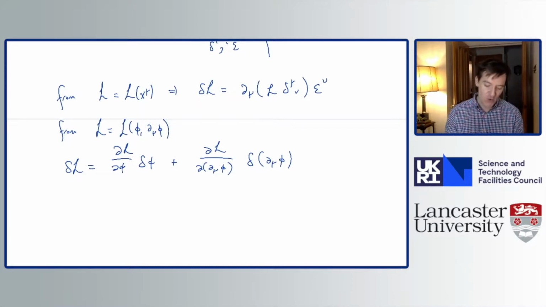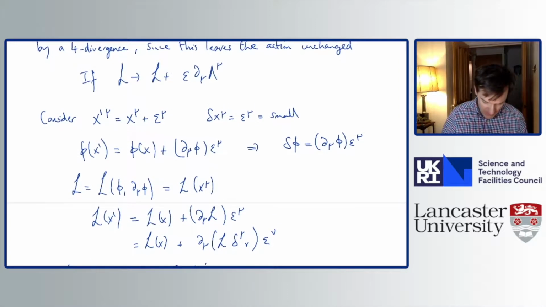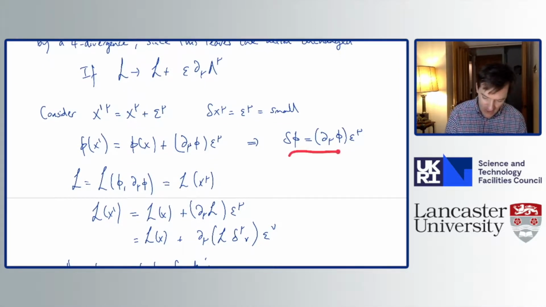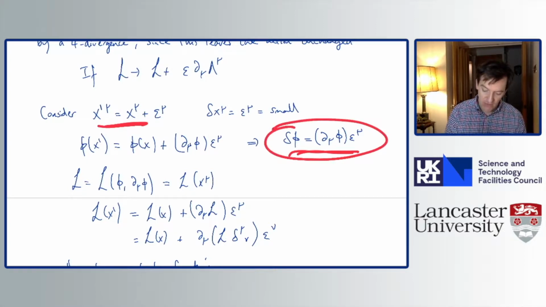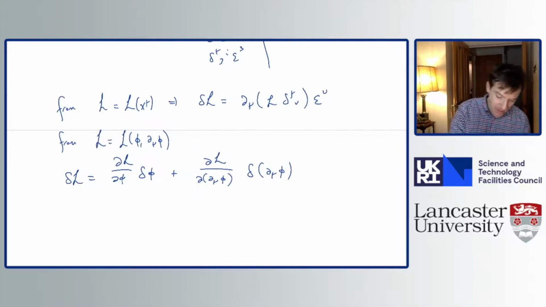First of all, we should substitute in for what delta phi is. We had an expression above for delta phi. Under this transformation that we're considering, delta phi is d mu phi epsilon mu. So let's substitute in our expression for delta phi.